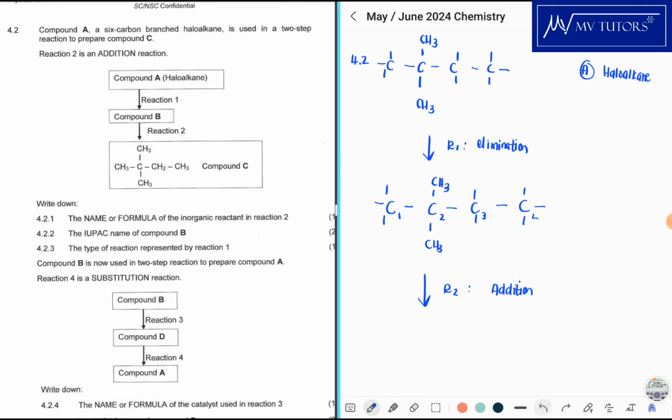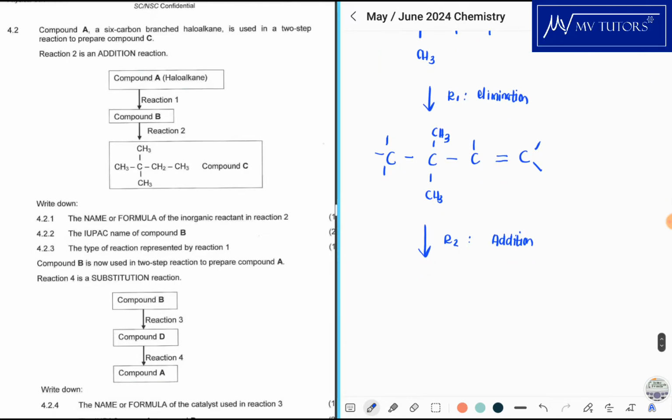Okay, so carbon number 3 has the least hydrogen, so I'm going to put the double bond there. Okay, let me put it back there. So this is what we have. Okay, and we've eliminated something. I don't know what we have eliminated, but yeah, the double bond will go there because of Zaytsev's rule. Then we have an addition reaction, and then ultimately, this is now B.